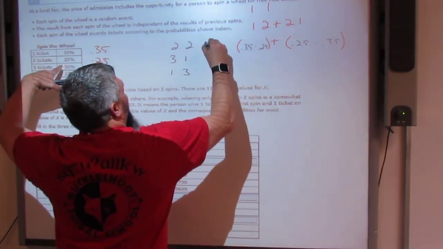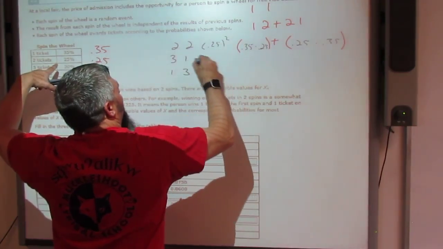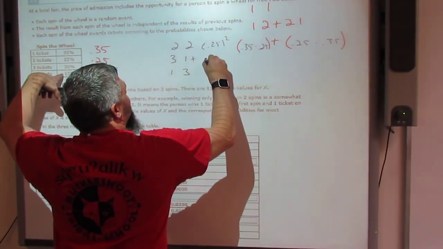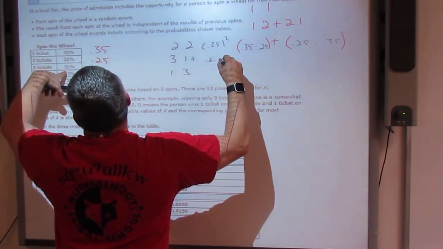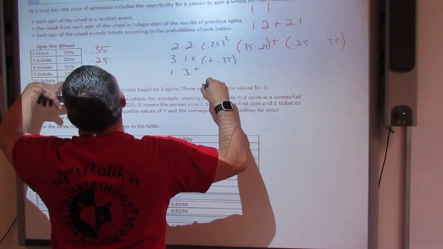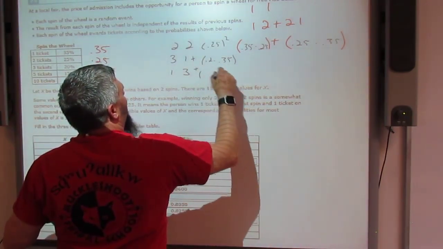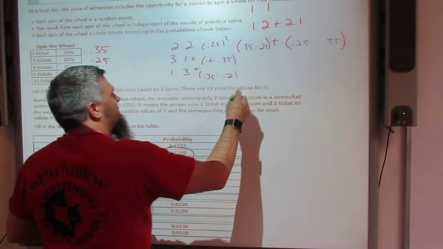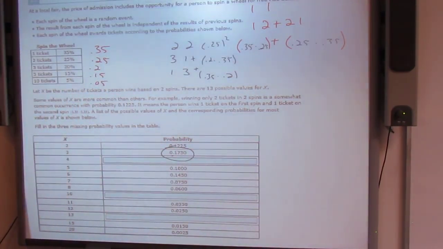Well, that's 0.25 squared plus a 3, which is 0.2, times a 1, which is 0.35, plus a 1, which is 0.35 times 0.2.